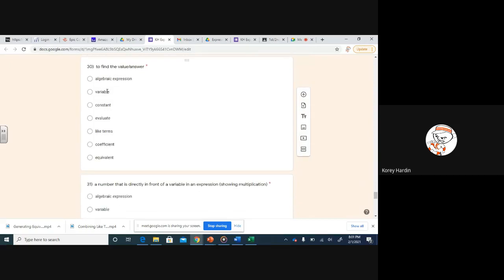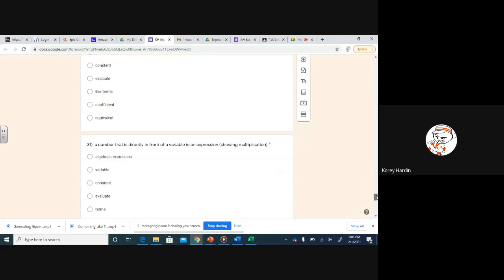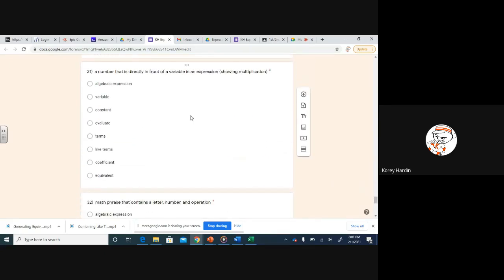Is that an algebraic expression, a variable, a constant, evaluate, like terms, coefficient, equivalent? 31, a number that is directly in front of a variable in an expression showing multiplication. Is that an algebraic expression, a variable, a constant, evaluate, terms, like terms, coefficient, or equivalent?